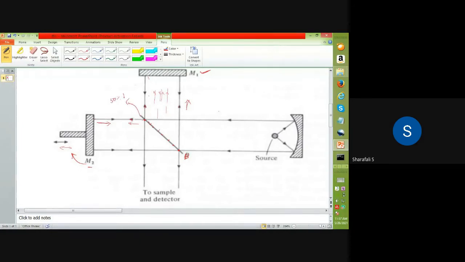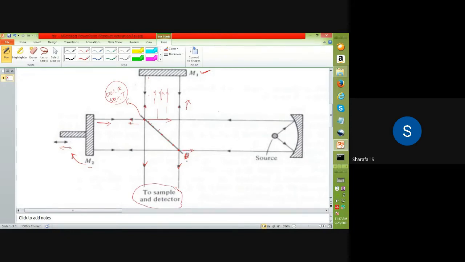We have 50 percent transmission and 50 percent reflection. So when it comes back, some 50 percent of that radiation will be going back to the source. Okay, but we do not have to consider that in this particular scenario. We have to consider those radiations which are coming down after intercepting at each of these points. So this radiation will be going to the sample and detector.